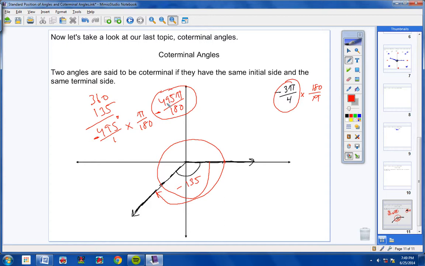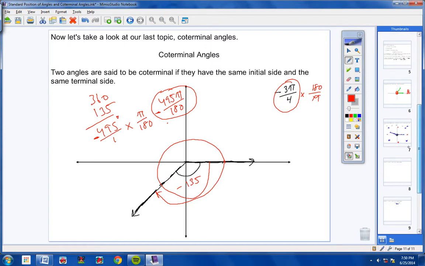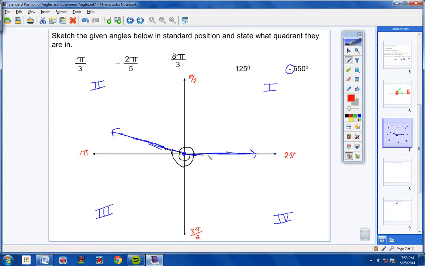So I hope this video has been a help to you, okay? You need to be able to write angles in standard position and state what quadrant they're in, okay? Quadrant 1 or quadrant 2 or quadrant 3 or quadrant 4, and wherever the terminal side is, that's what quadrant the angle would lie in.